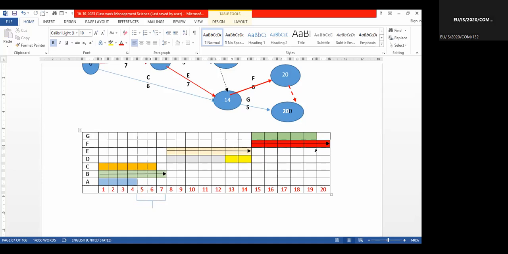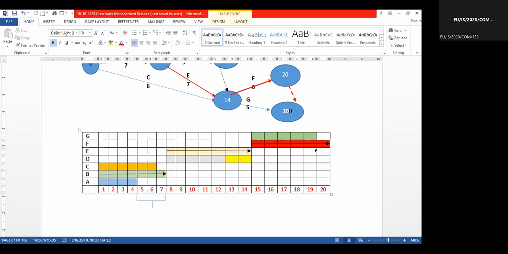Right? So the critical activities you can see cannot delay. If we delay critical path activities, then it will affect the project duration. So we cannot delay critical path activities.